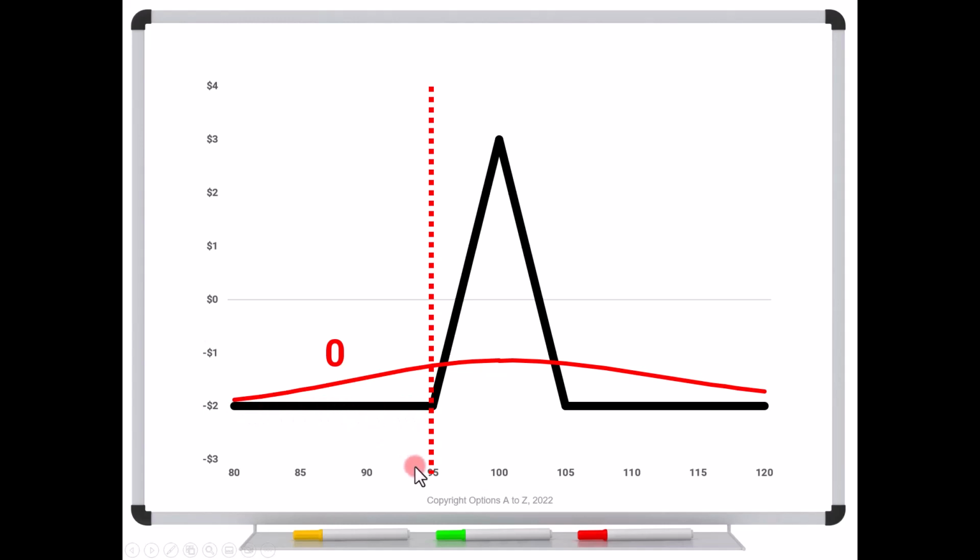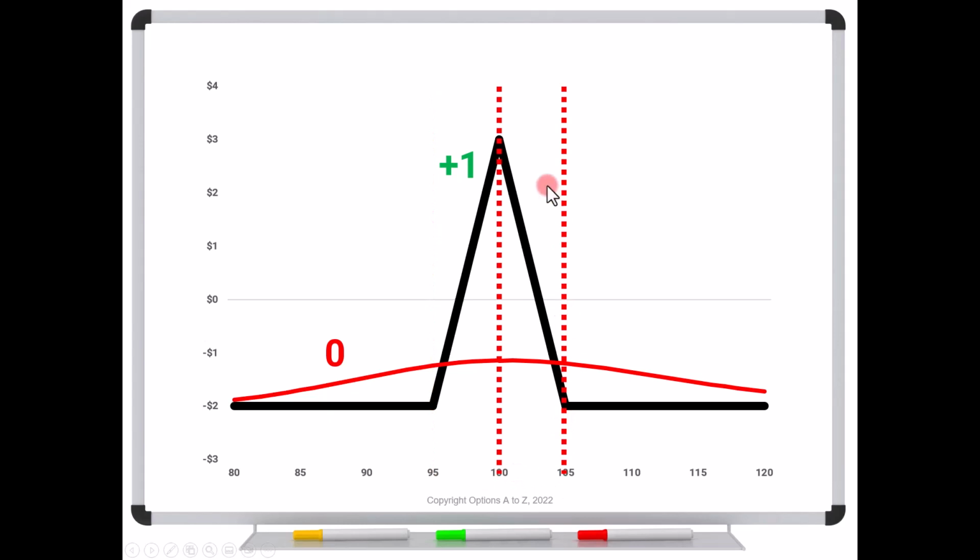What if the stock is somewhere between the first and second strike, somewhere in this range? Well, now we're on this positive delta right here, this upward sloping black line. So we know that all of these deltas will be heading towards delta 1, positive 1. What if the stock price is between the center strike and this right strike out here? Now we are heading towards this black line, but notice it's leaning left.